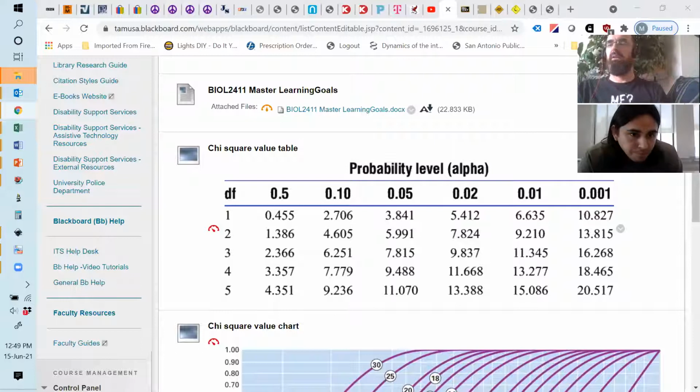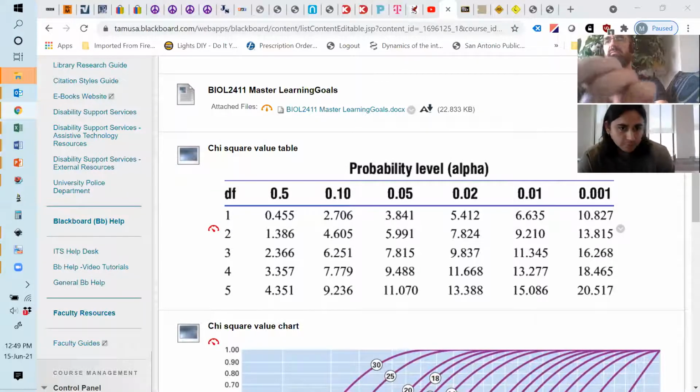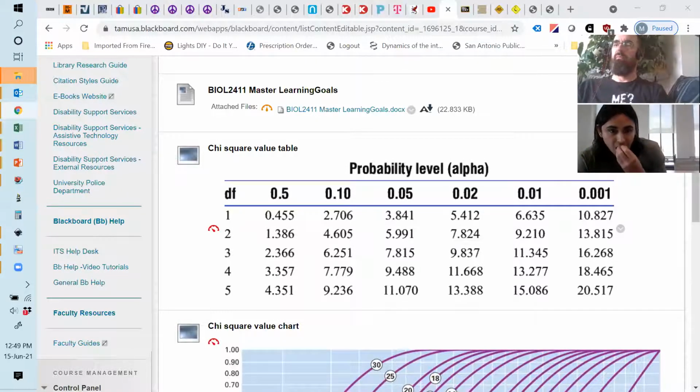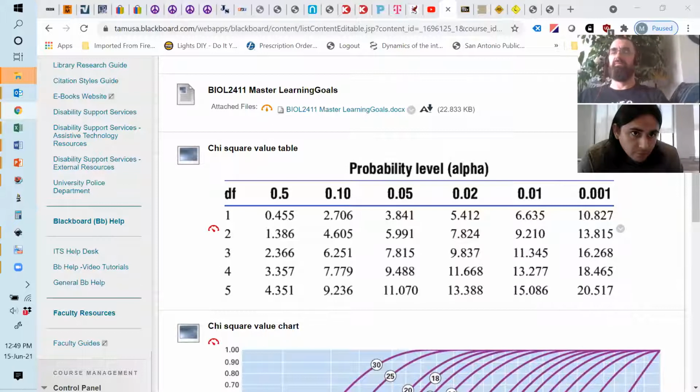And we observed, let's say, 25 heads and 75 tails. So now we do a chi-square test.